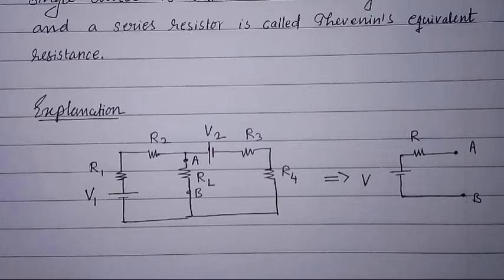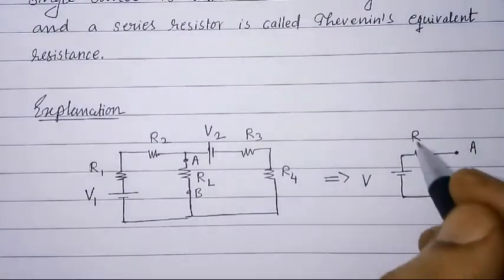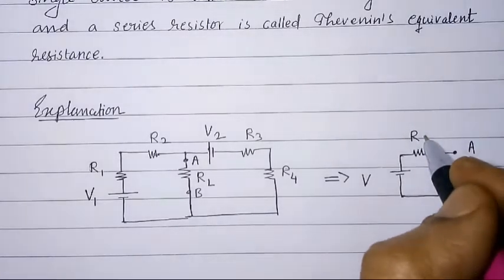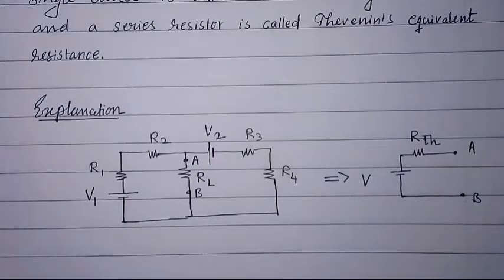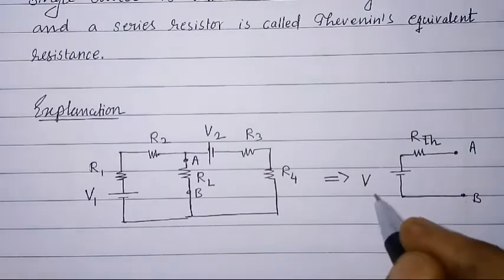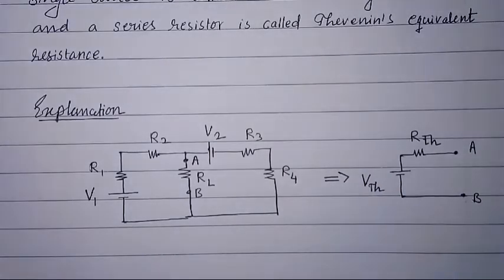Whereas this resistor here is called as Thevenin's equivalent resistance and is denoted by RTH. Voltage source here is denoted by VTH and is called Thevenin's equivalent voltage.